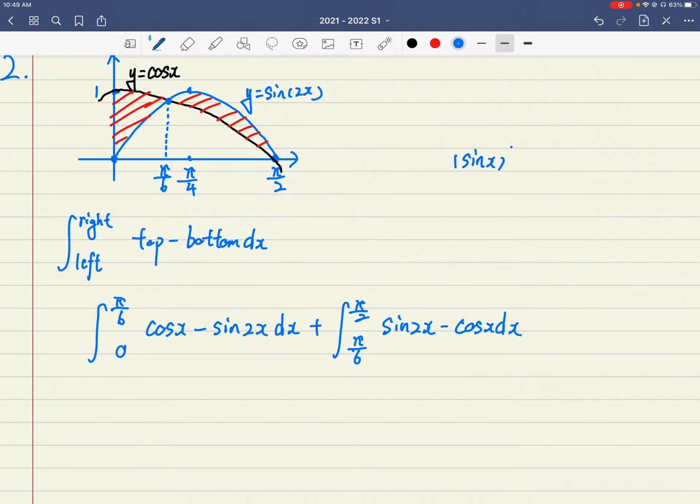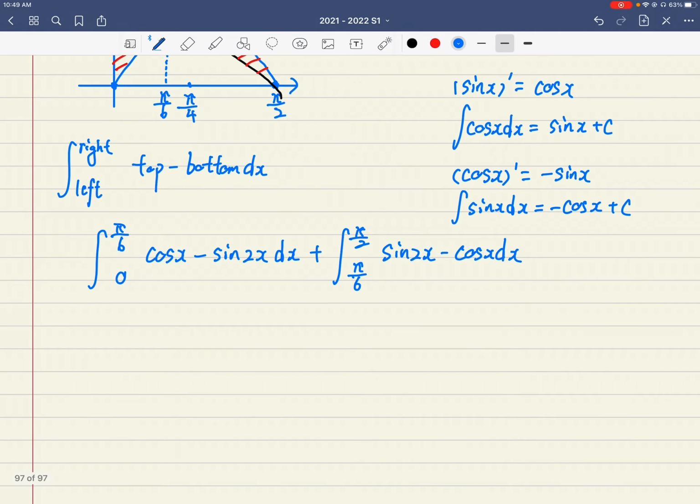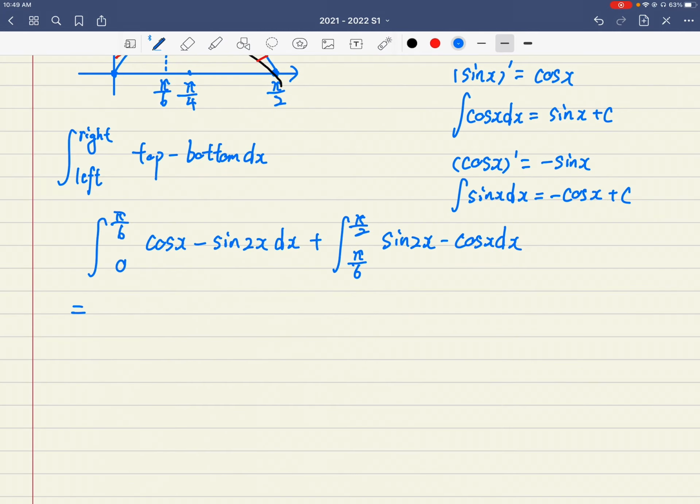So sine x, what's the derivative? Cosine x. So if you integrate cosine x, you will get sine x plus c. Similarly, cosine x has derivative negative sine x, so if you integrate sine x, you will get negative cosine x. So here, in the first part, cosine x integrates to sine x.